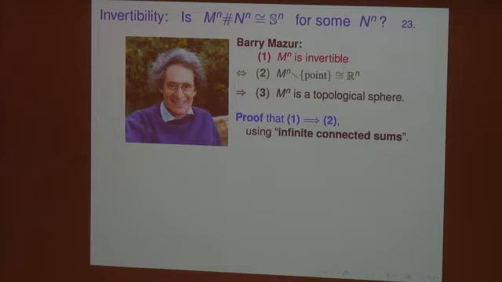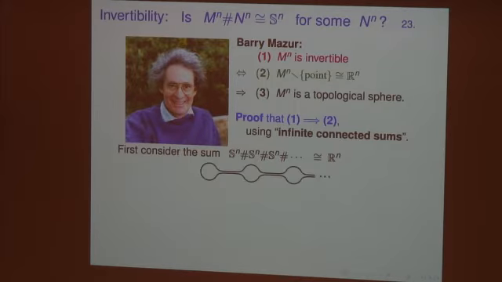And the proof will involve the idea of an infinite connected sum. As an example, suppose we just take an infinite sequence of copies of the standard sphere and add them all together. I claim that the result will always be Euclidean space. So here's a picture illustrating the one-dimensional case.